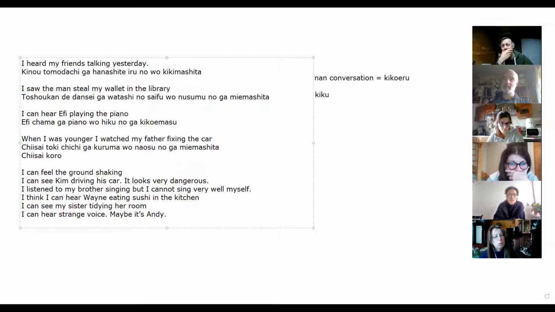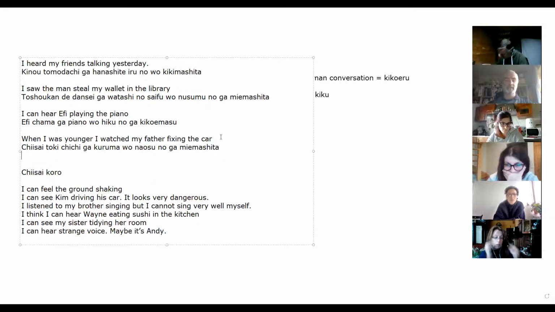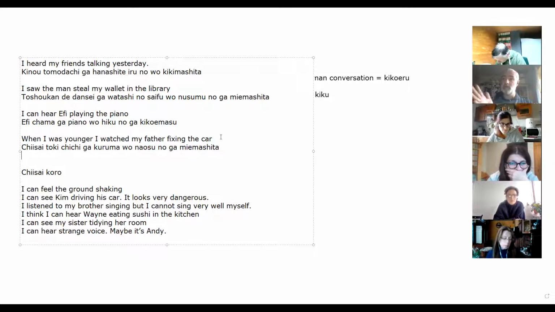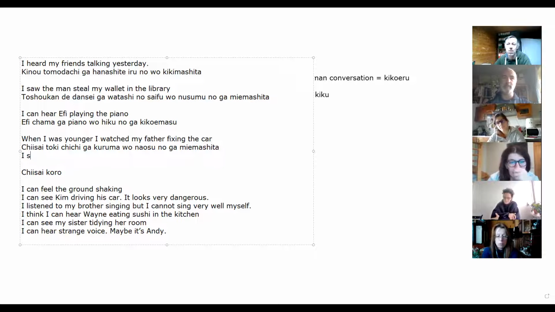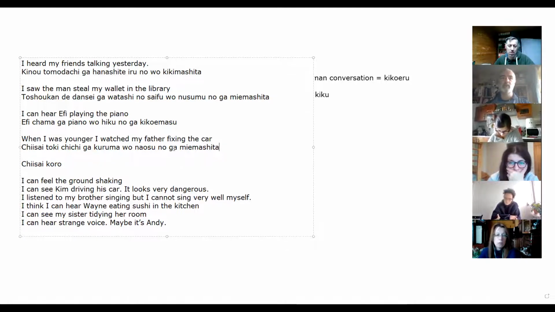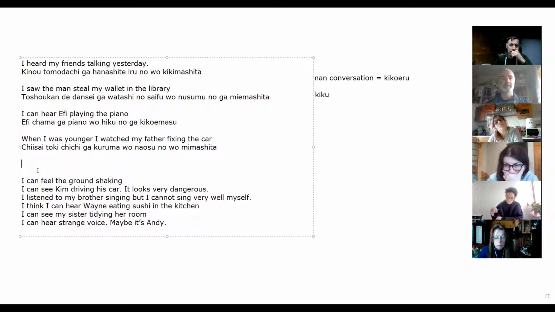This is grammatically correct, but this mimashita means I saw my father, like I saw him on one occasion fixing the car. But this is I'm watching. So what's the verb? 見る、見ていました。 Exactly. Yeah.